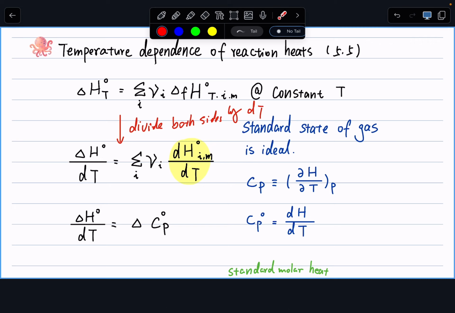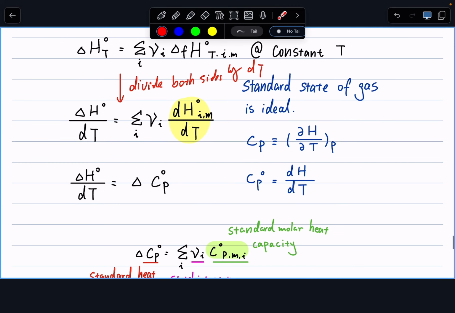On the right, we have the delta H naught, the molar enthalpy of substance i, over temperature. And in here, there are several things we know. We know that the standard state of the gas is an ideal gas. So we have Cp equals dH over dT at constant P, and if we specify pressure to be 1 bar, we have Cp naught equals dH over dT.